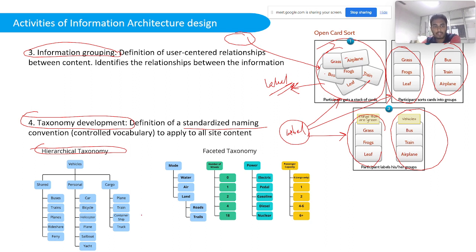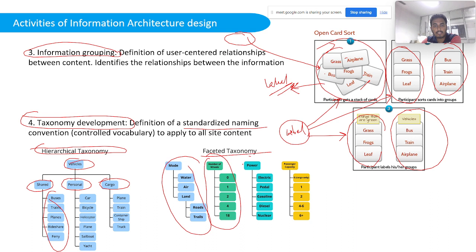So there can be a hierarchical taxonomy where you have a label called vehicle, because you name it as a vehicle, so these categories may fall within that. Similarly, there can be a faceted taxonomy where you will have multiple hierarchies.